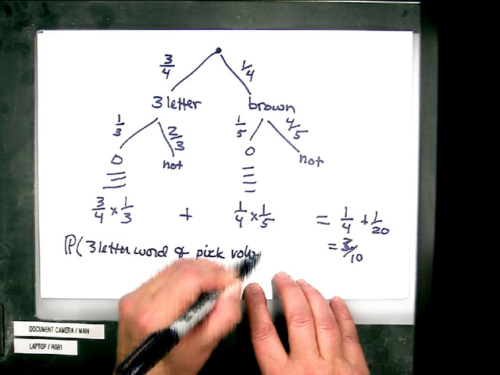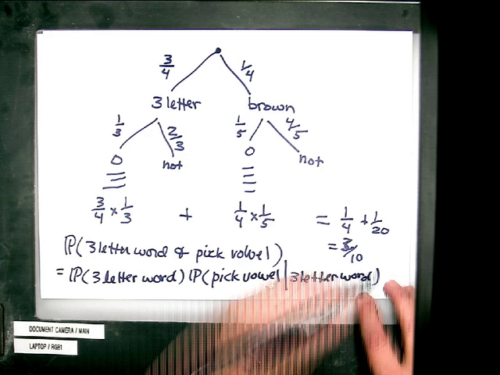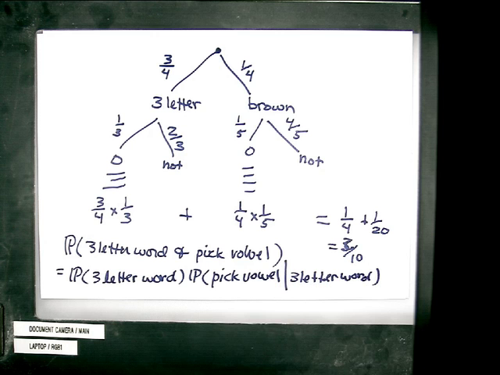And I could write that as, well, that's just the chance that you pick the 3-letter word times the chance you pick a vowel given the information that you picked the 3-letter word. Okay? So that's what I'm doing when I'm multiplying down the tree. And I know that the chance I pick a 3-letter word is 3/4, and given that I picked a 3-letter word, the chance I pick an O is 1/3. And so that's how I get the 3/4 times 1/3, which is 1/4.